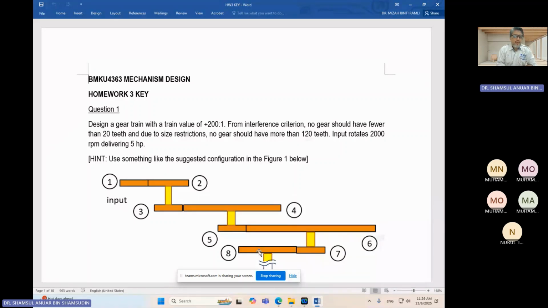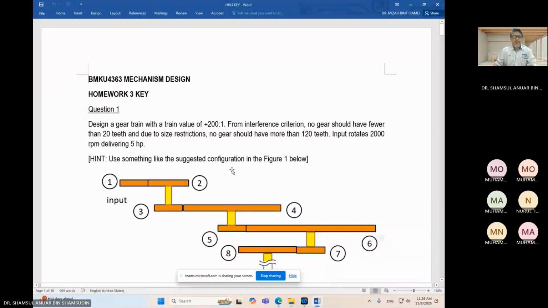Question number 4 will be something similar to this. It says design a gear train. The value is plus 200, meaning the direction of rotation for the input and output should be the same. So if the input is counterclockwise, the output will also be counterclockwise.